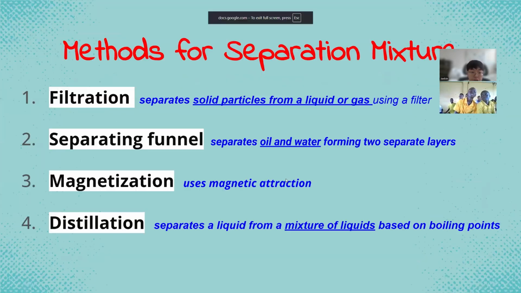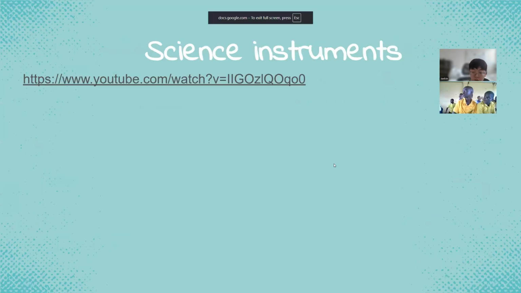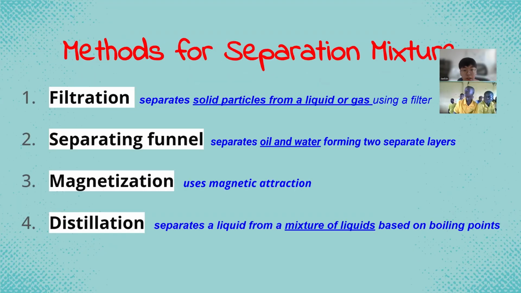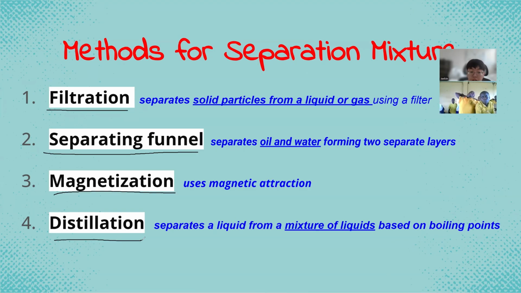So that video was about science instruments, and we got to see a lot of different types of science instruments as well. And we will learn that there are 4 different methods of separating mixtures. One is filtration, one is by separating funnel, one is by magnetization, one is by distillation.